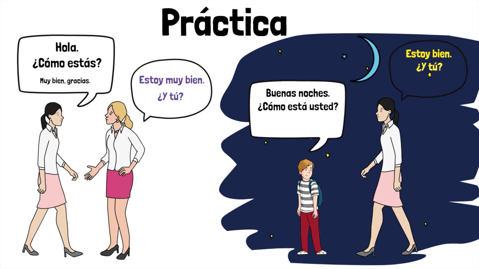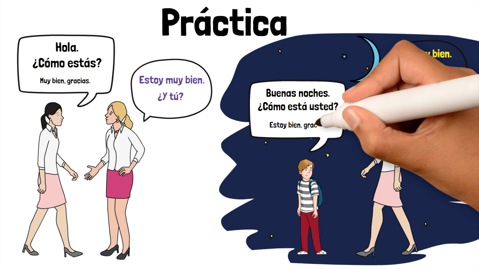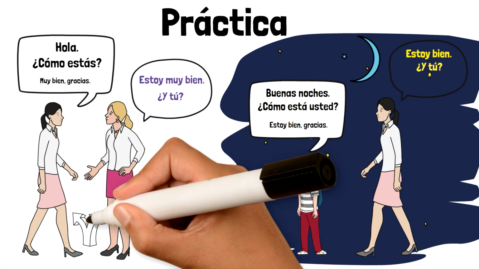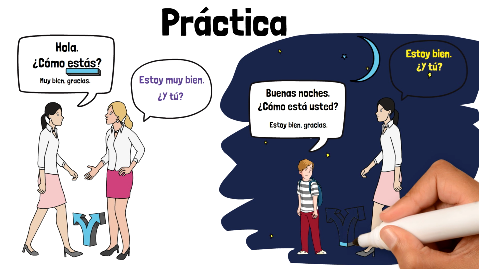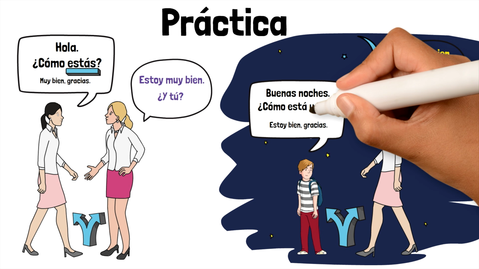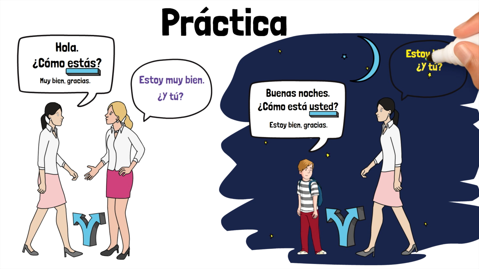Now, Ana is being informal. Juanito replies, Estoy bien, gracias. Did you see how this exchange had both formal and informal? To review the difference between tú and usted, informal and formal, click here for a video lesson.